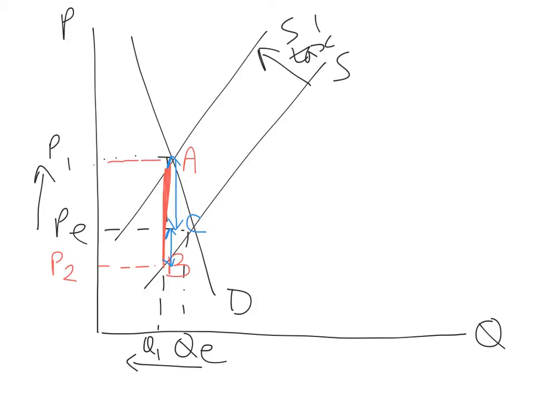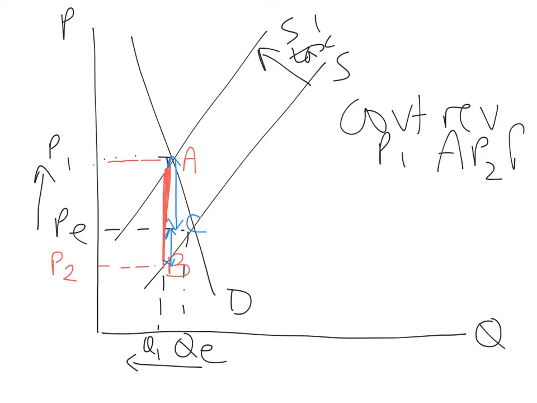If we were thinking about the total tax revenue the government is going to get, I'll go back to my black, the government is going to get the whole box. So the government revenue is going to be P1, A, P2, B, the whole rectangle there.